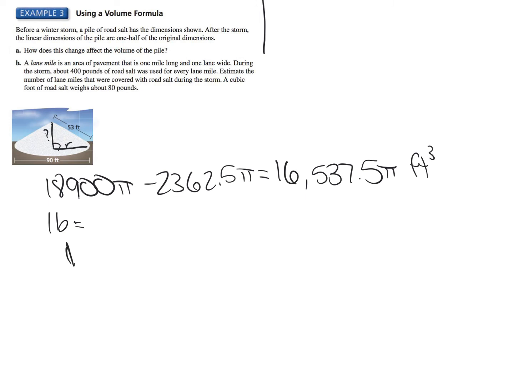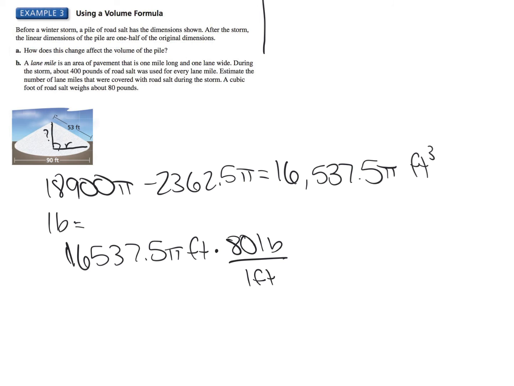So that's 16,537.5 pi. That's feet used, and then we're changing that. 80 pounds is in 1 foot. The feet cancel, you multiply across, and you get 1,323,000 pi pounds. Okay, that's how much salt was used.